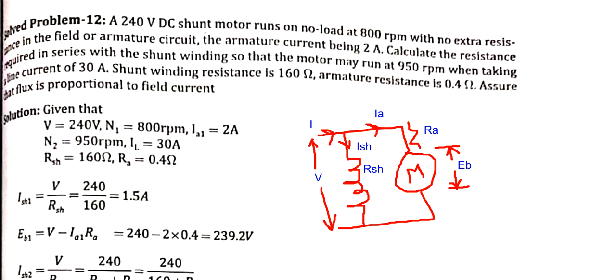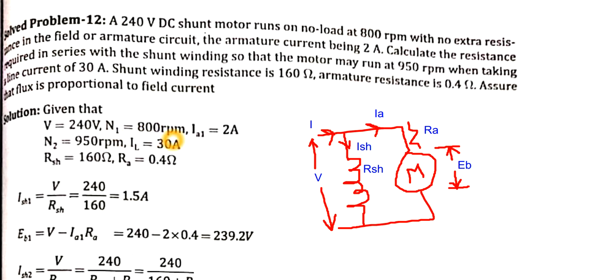Let us first write down the given values. The supply voltage is 240 volts, because a shunt motor takes electrical input, and we need to supply a voltage value which is given as 240 volts. If we consider the speed in the first condition as N1, it is 800 rpm.